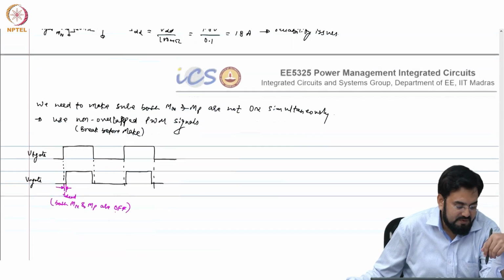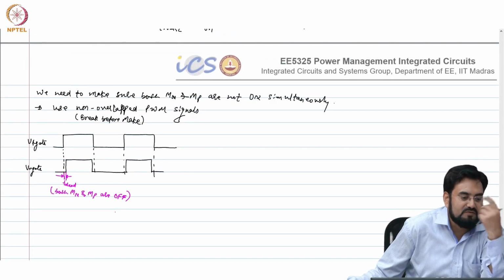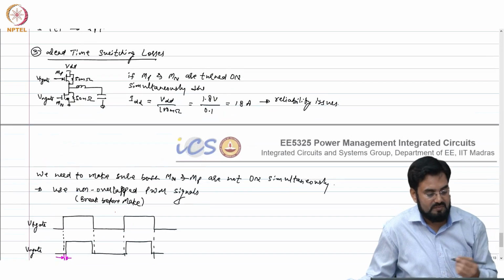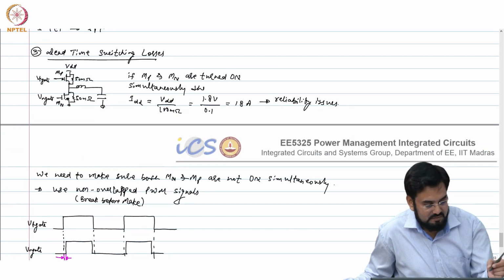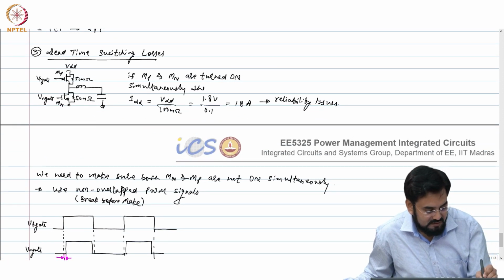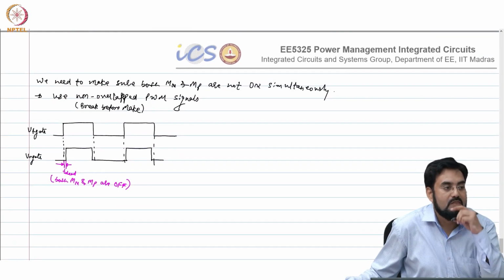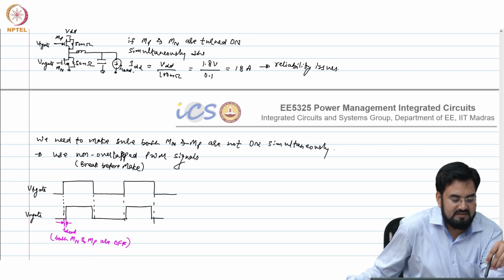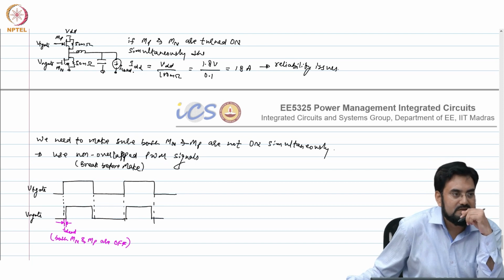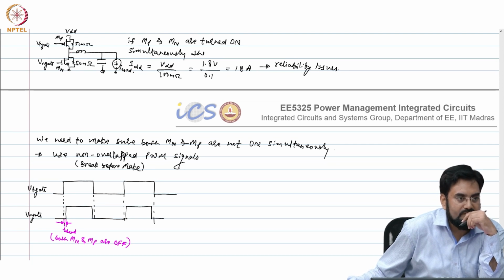So now during this dead time, both are off. So where is the current going then? So this is your load current. So where will the current go? I mean, capacitor will start discharging, but what would happen to the inductor?